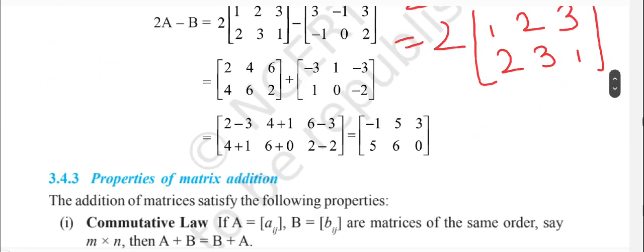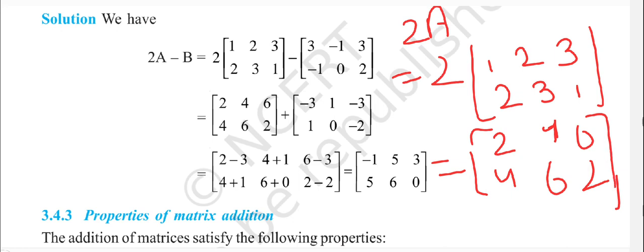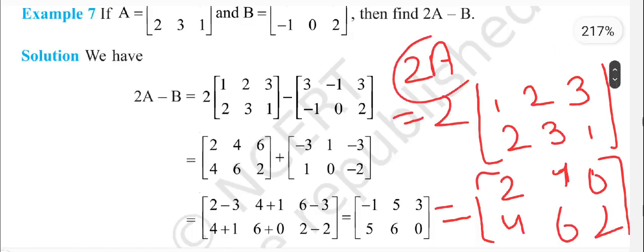How is it defined? It is simply multiplying each and every term with the scalar. So I get 2, 4, 6, 4, 6 and 2. This is the value of 2A.